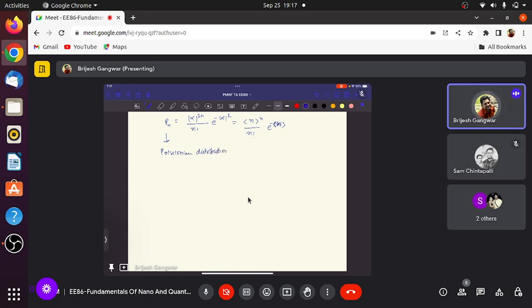This is more on the theoretical side of photonics, say quantum photonics. If you calculate, delta n squared is equal to n-bar.